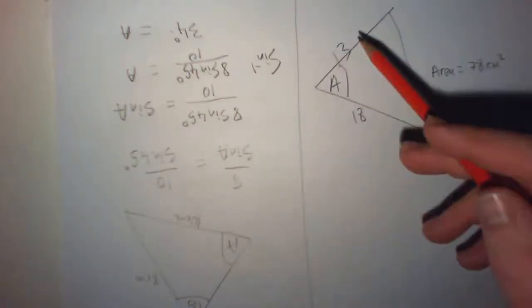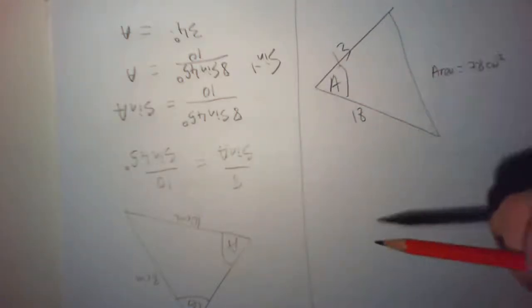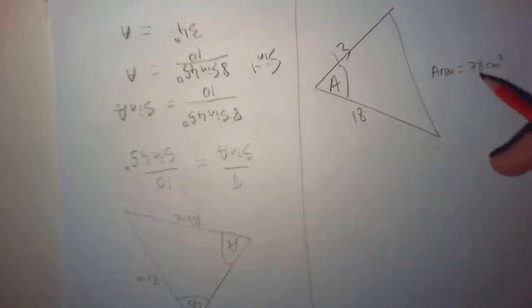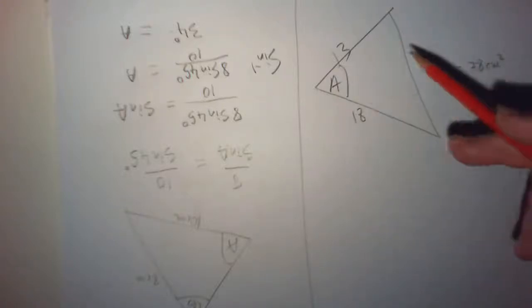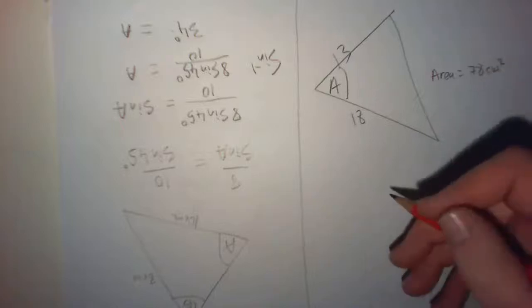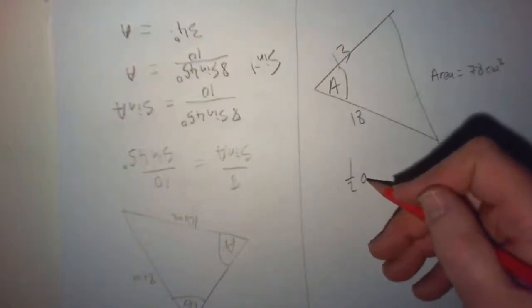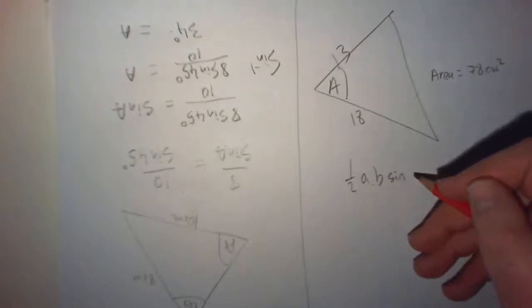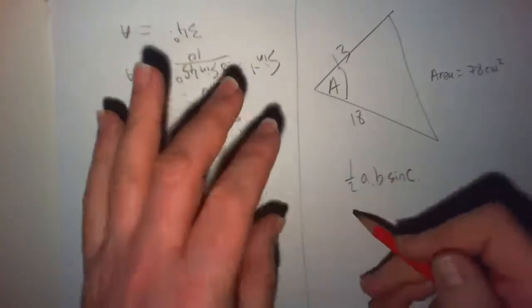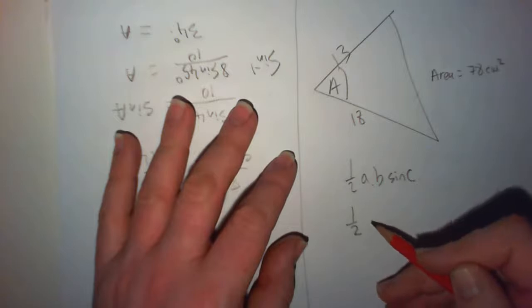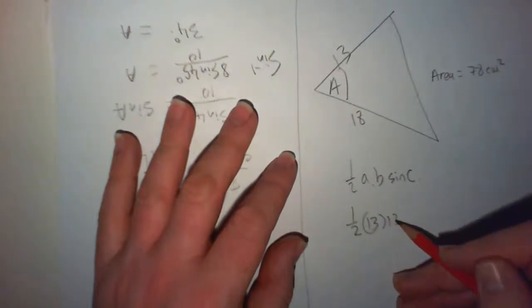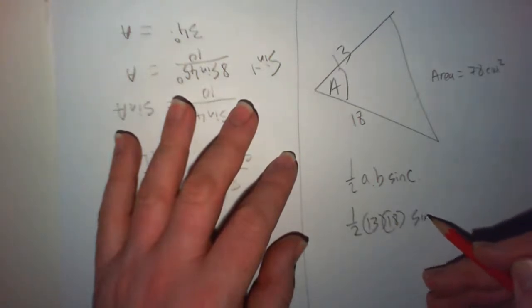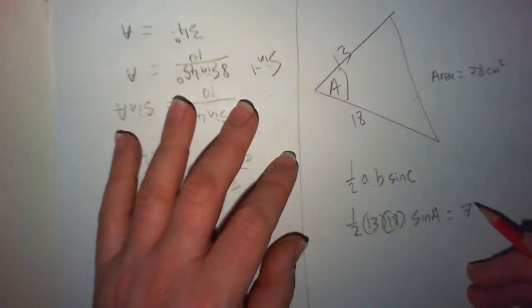Sine rule is no good because I only have 2 pieces of information. I need 3. The area is an external piece of information. It's not part of the triangle. So the only thing I can go with is I know that it's half any 2 sides by the sine of the angle in between them. So that means it's half 13 by 18 by the sine of A equals 78.